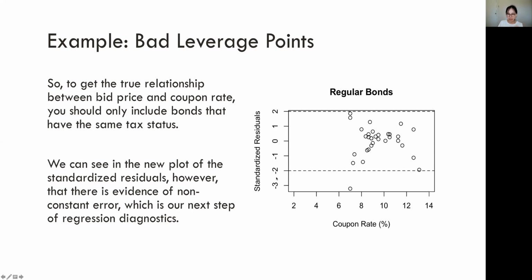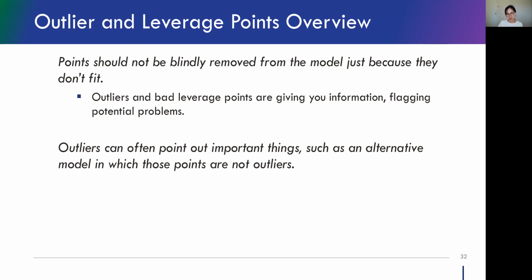Well, if we look at the standardized residual again, we can see that we have some non-constant error here, because one data point jumped out of the range of -2 to 2, which is our next step for the regression diagnostics. But before that, I have some comments here.